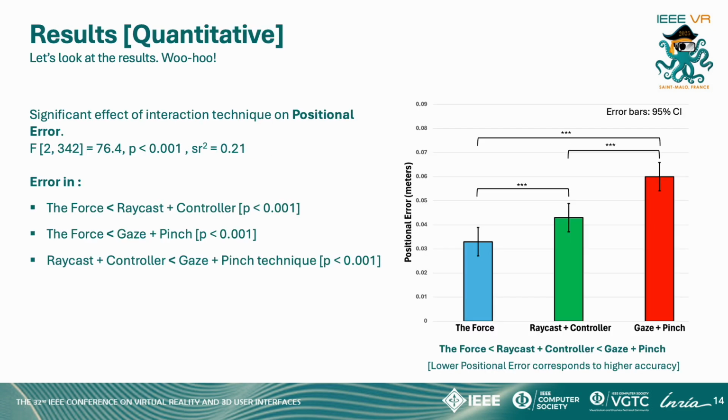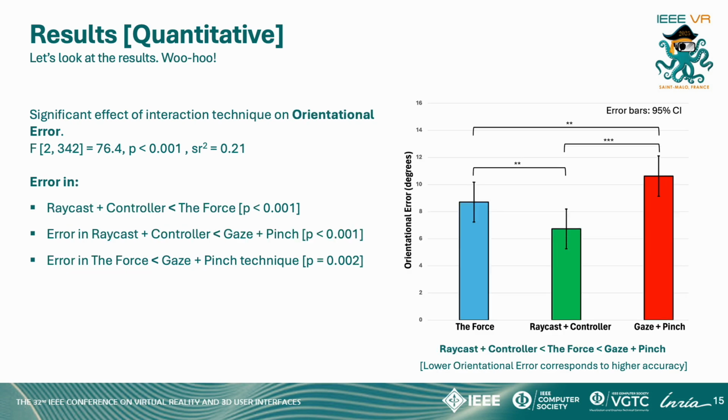Moving on to the results, in line with our intuition, the force ended up being the most positionally accurate, where the error was significantly smaller in the force when compared to raycast plus controller and gaze plus pinch. For orientational error, the results weren't exactly as we expected.